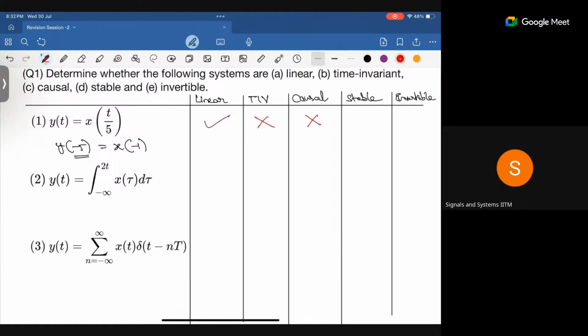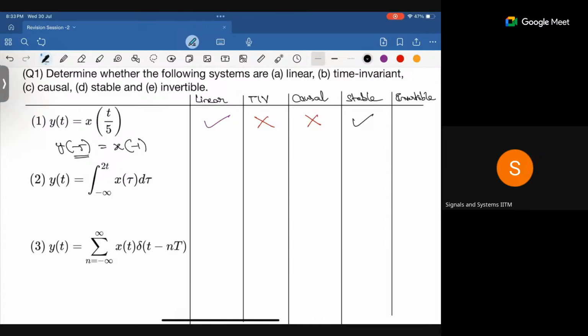Is there any possibility? Anybody? No. Right, so this is stable. If x of t is bounded, any scaled version of x of t will be bounded. It is stable.